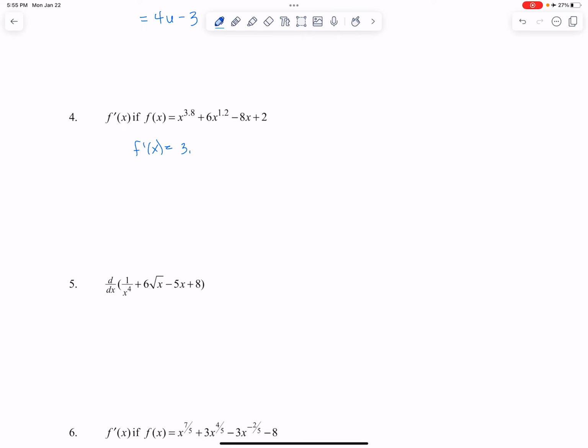Bring down the exponent, x to the 3.8 minus 1. Then we have 1.2 times 6x to the 1.2 minus 1. The derivative of 8x is 8, and the derivative of 2 is 0.